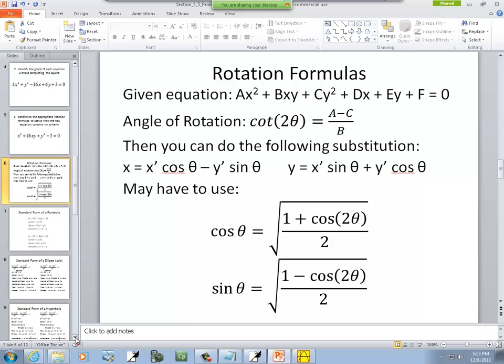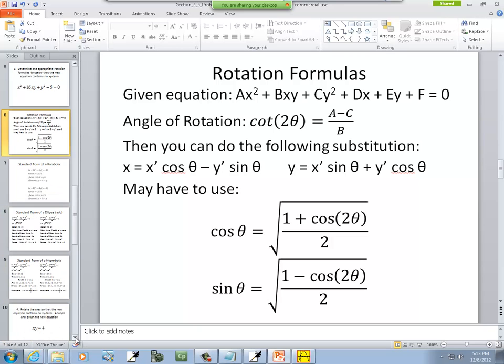Now we're going to be taking some equations in general form that have an x and y component and eliminating the xy component by doing rotation of axis. And that's what these formulas revolve around. Given the equation ax squared plus bxy plus cy squared plus dx plus ey plus f equals 0, we'll figure out our angle of rotation, where cotangent 2 theta is equal to a minus c over b.